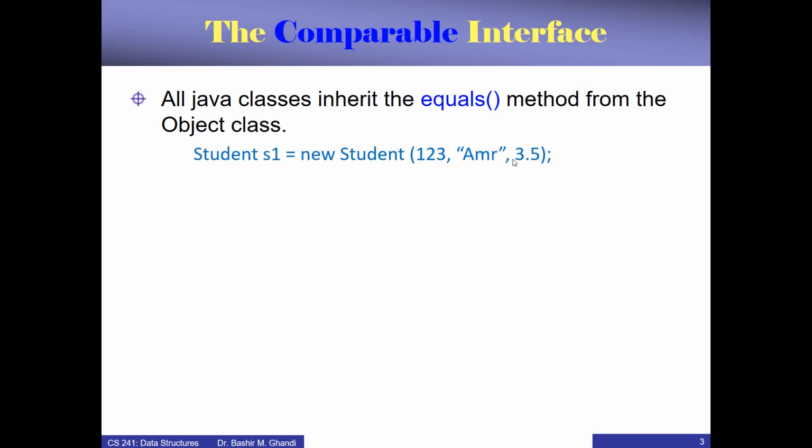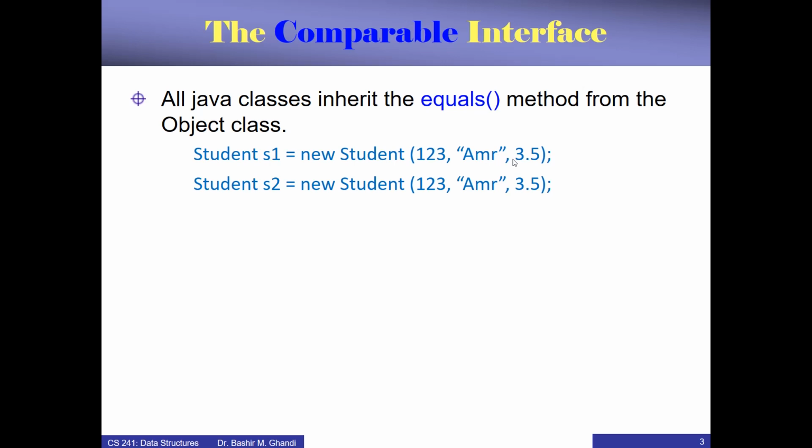For example, suppose you define two student objects, Student s1 equals new Student, with 123 as the ID, Amr as the name, and 3.5 as the GPA. And you define another student s2 but with exactly the same data.